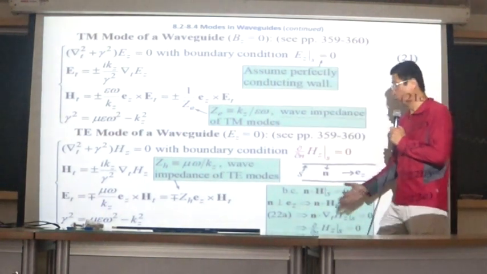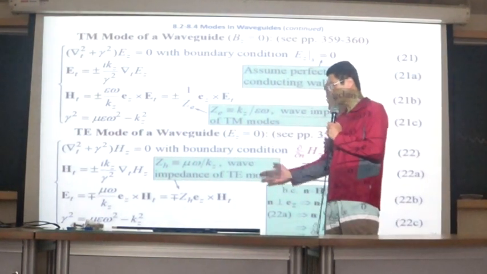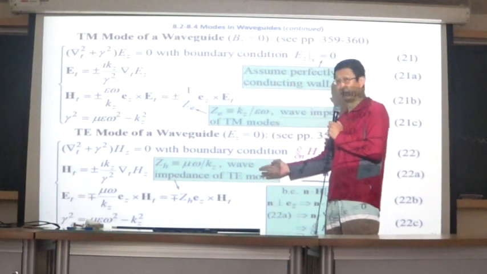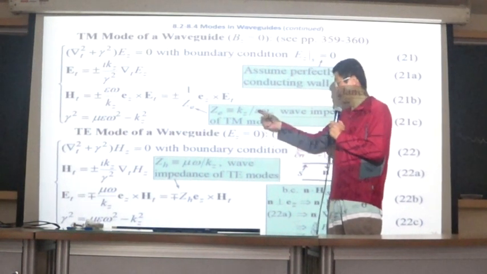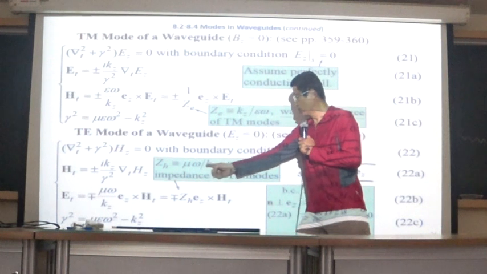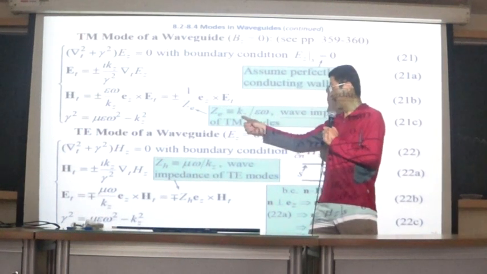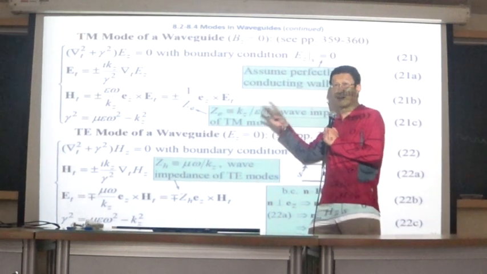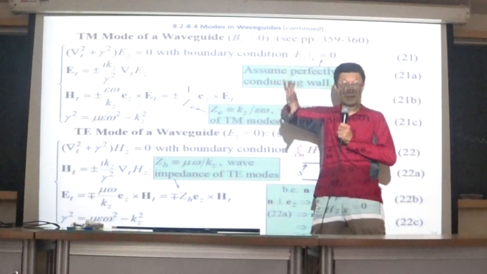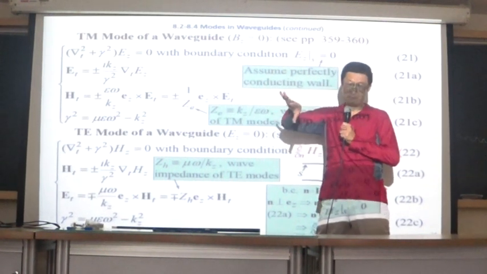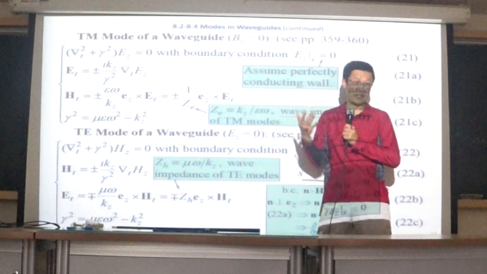Once again, we have the impedance. Interestingly, the impedance for this one is omega divided by K. This is K divided by omega. So people will be easily confused.